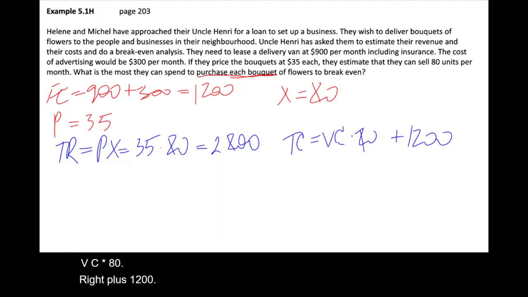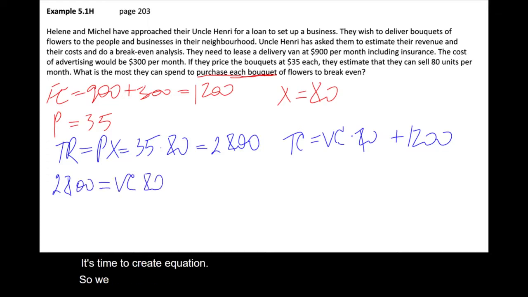So we have now, it's time to create the equation. So VC times 80 plus 1200. Okay, guys, please, what is VC? 20. 20, yeah.